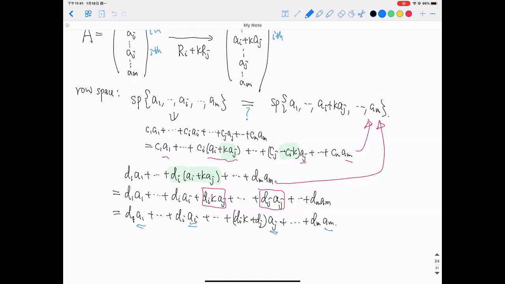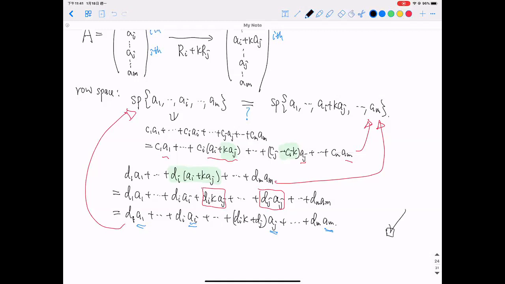So therefore it belongs to the row space of A. So this shows that elements in either span belong to the other span, so the two spans are in fact the same.